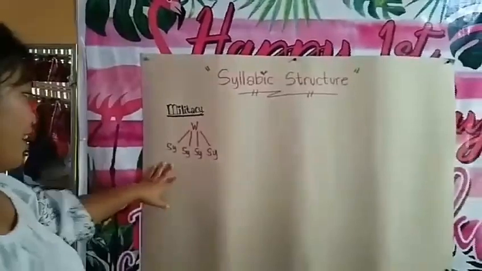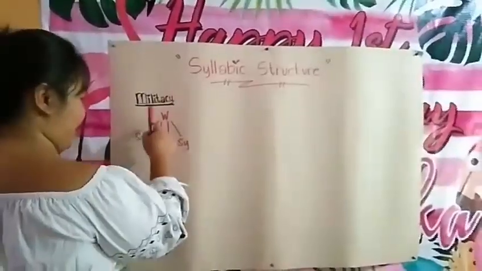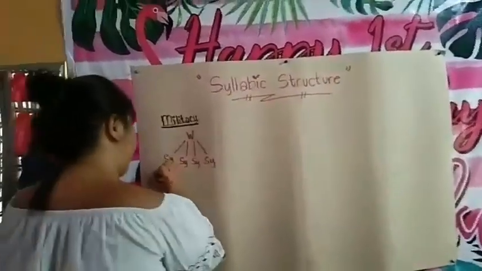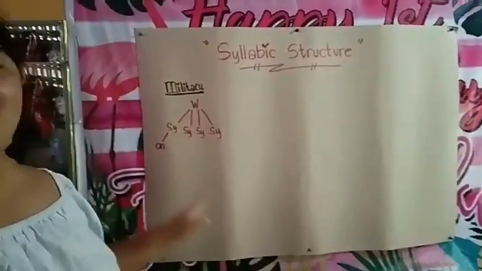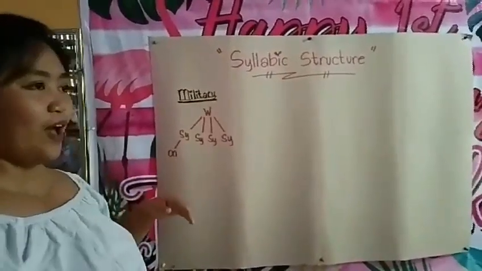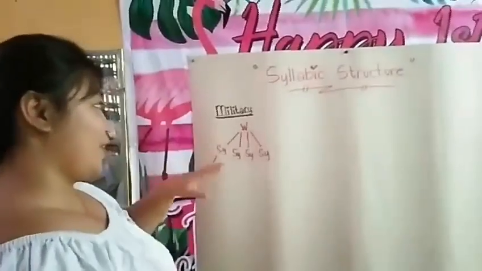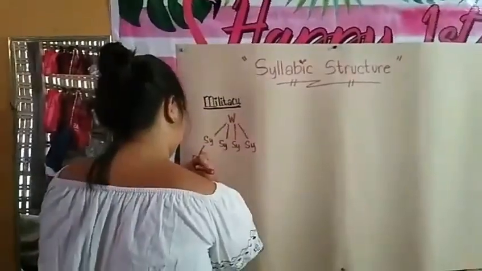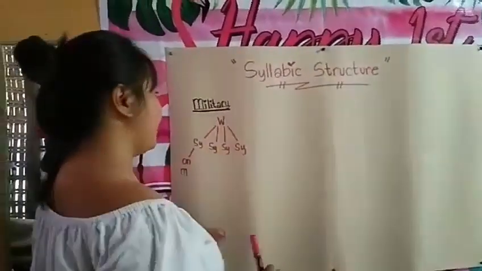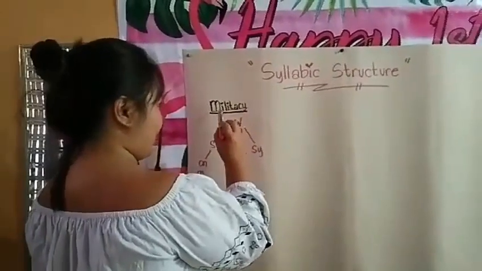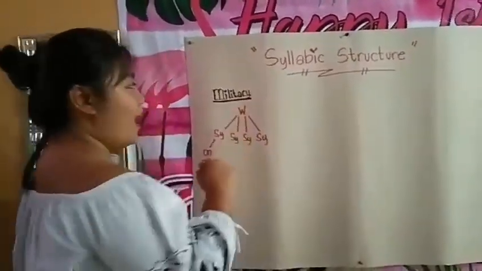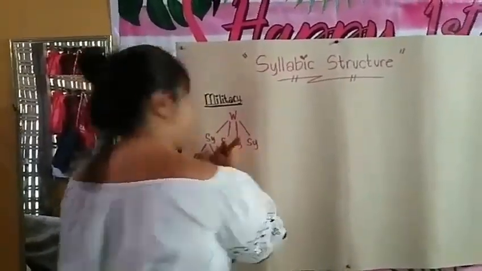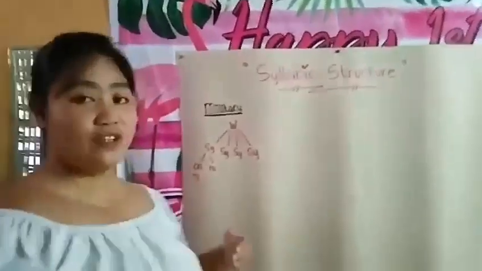After that, you're going to put an ON. ON means the onset. Onset is the consonant letter of the word, which is the M. After that, since the next letter is the I, that is the NU. That means the NU is the nucleus.